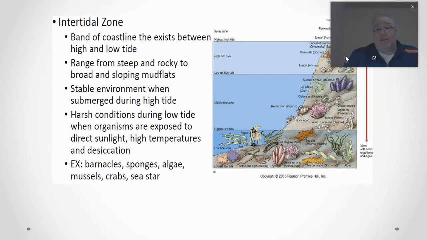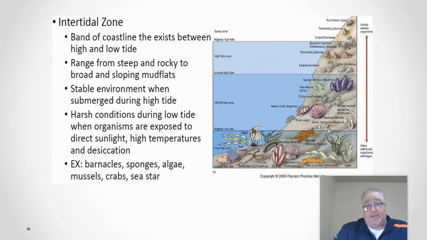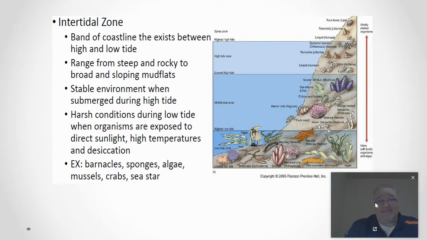The intertidal zone is kind of exactly what it says it is. It's an area that is impacted by the tides. Let's say, for example, in this picture here, this slope of rock or shoreline, whatever this is, and you see all these organisms that are attached to it.